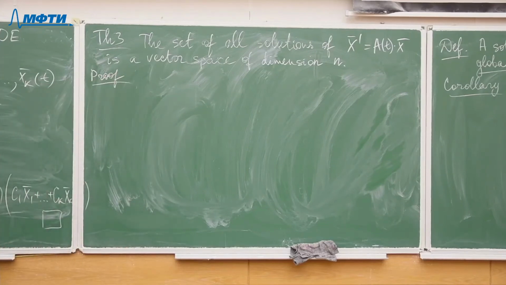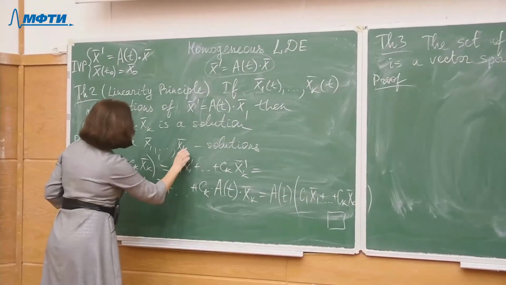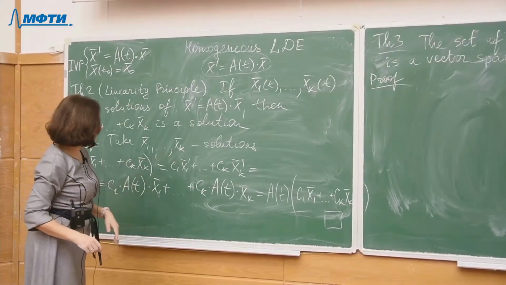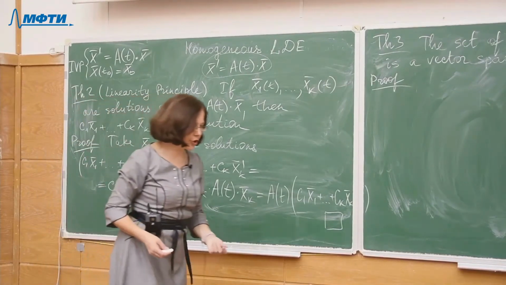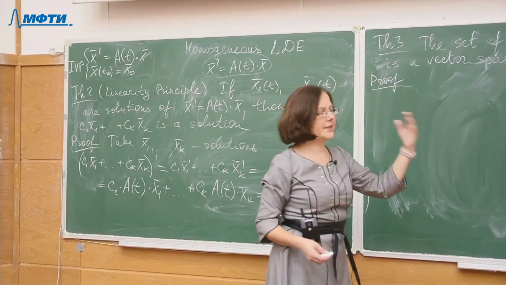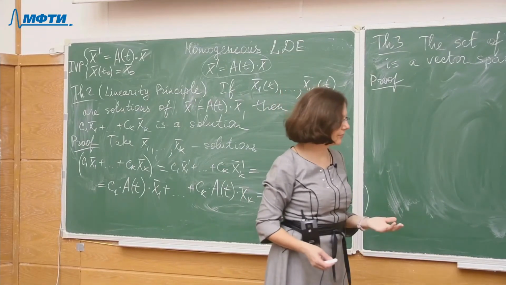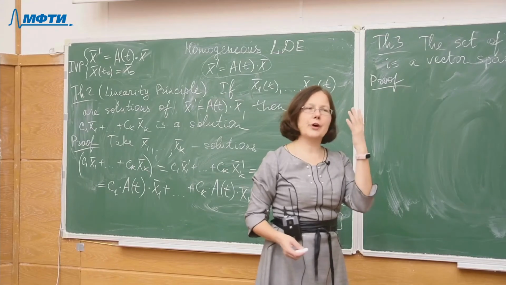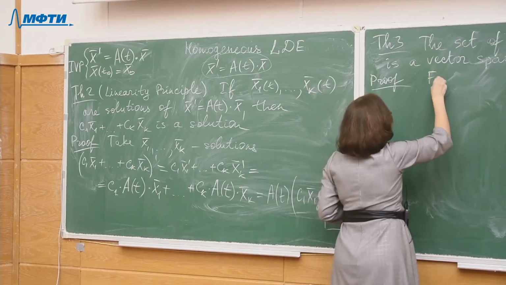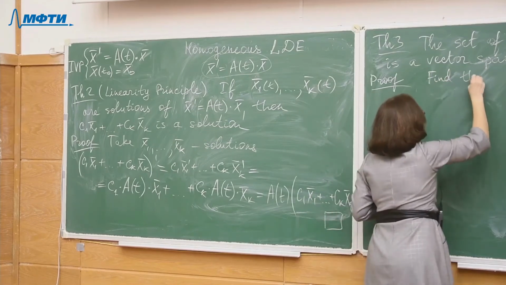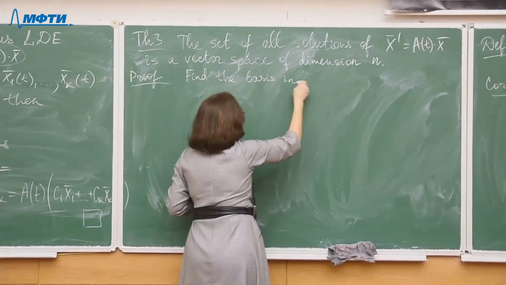We know that the linear combination of any k solutions is also a solution. But now we want to show that this space is n-dimensional. So we need to find a basis in the solution space.